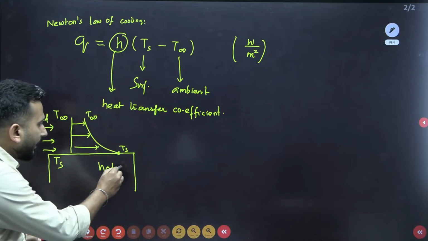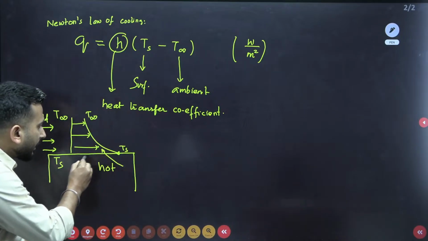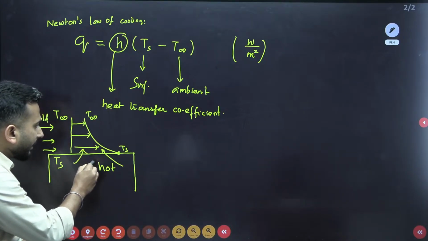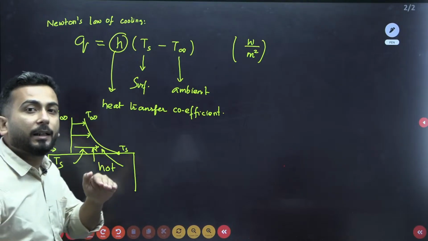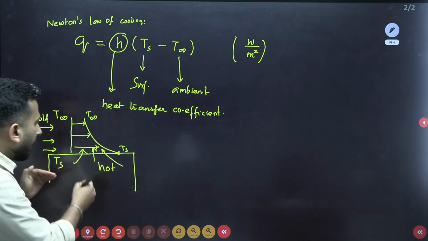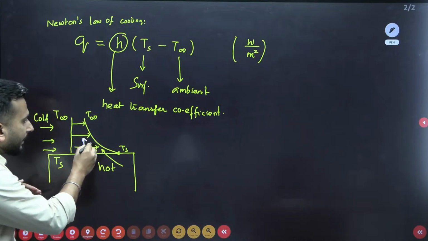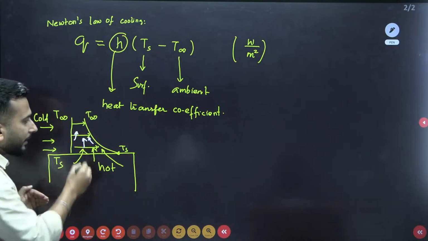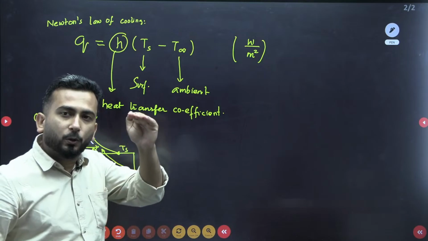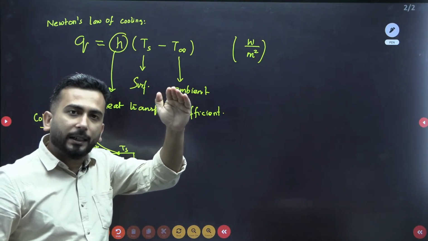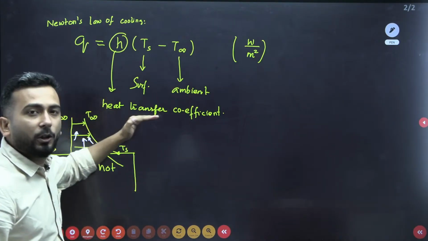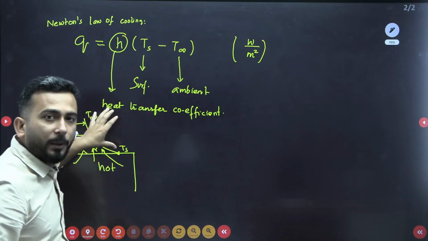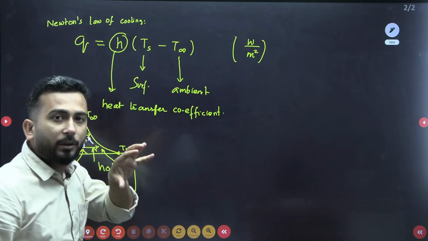So when the surface is hot, it will transfer heat to that stationary layer by conduction, and in the subsequent layers the heat goes through layer by layer, and the movement is also there. This is the bulk motion that I am trying to say.